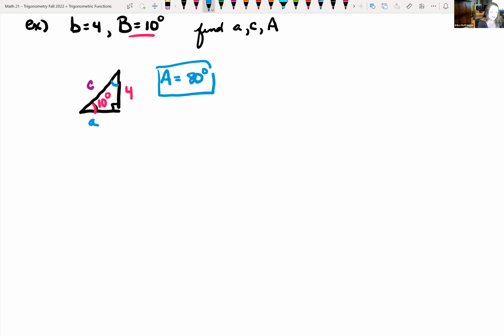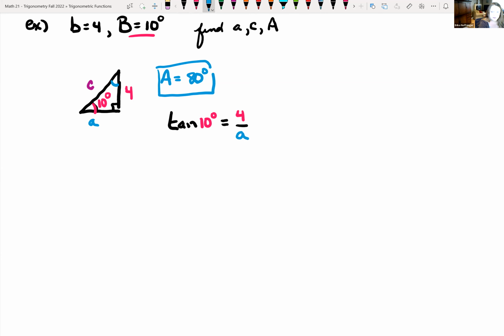That is tangent. So tangent of 10 degrees is equal to the opposite, which was 4, over the adjacent, which is A, which we're trying to find.